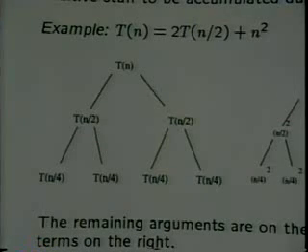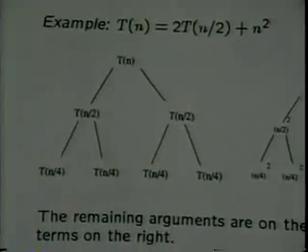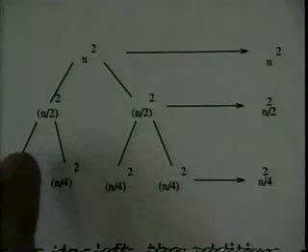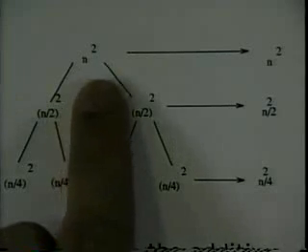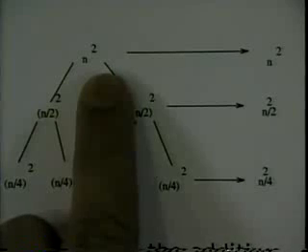So let's keep track, on another side, of a tree that shows the price that we're paying. The recurrence relation was T of n equals 2 T of n over 2 plus n squared. So the first time we pay n squared.